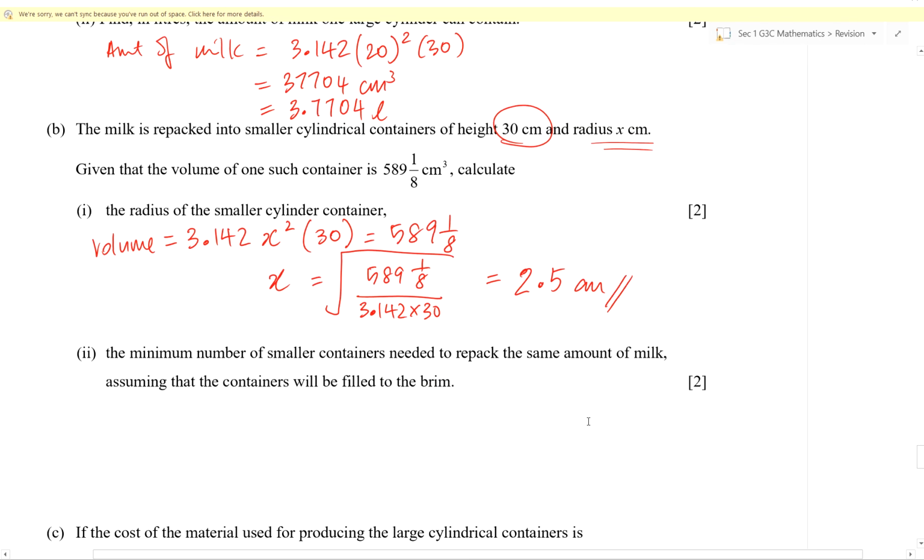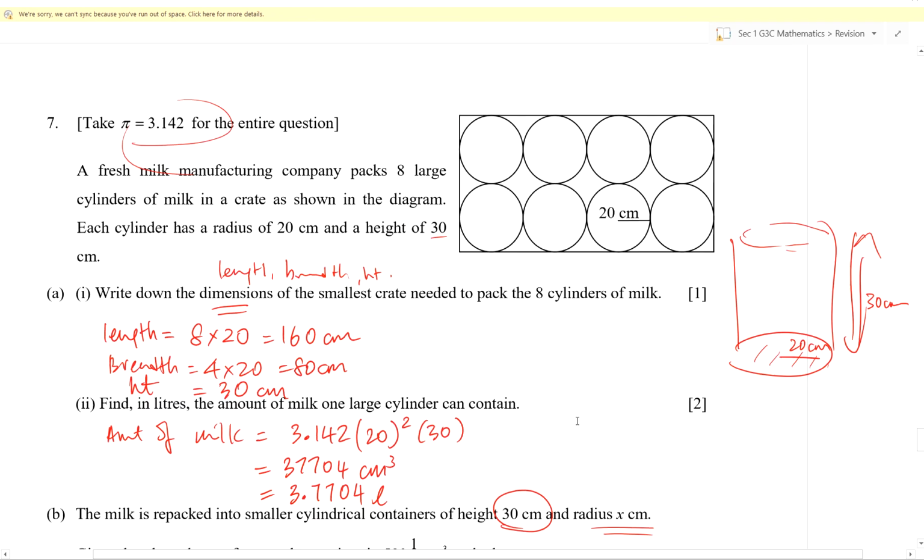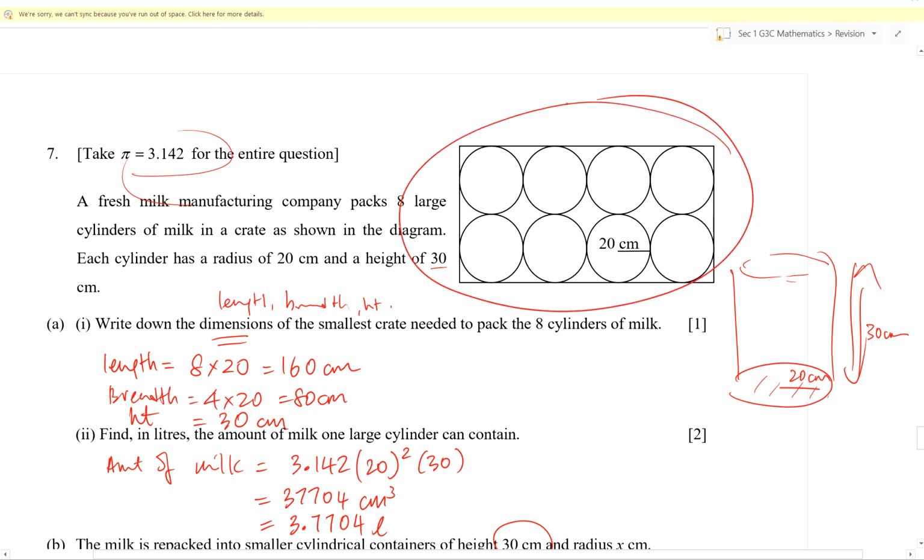Then find the minimum number of smaller containers needed to repack the same amount of milk, assuming the containers will be filled to the rim. The same amount of milk. Are they talking about, okay, they are talking about all 8 big containers. All 8 big containers, they're going to divide into little containers.